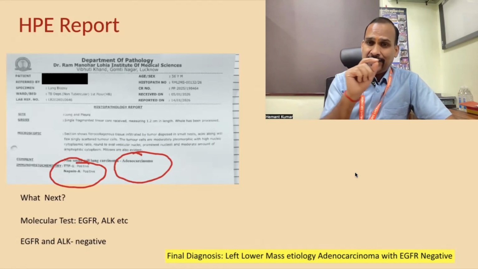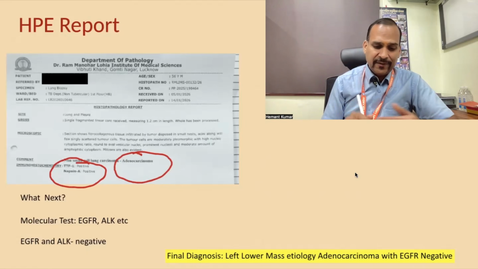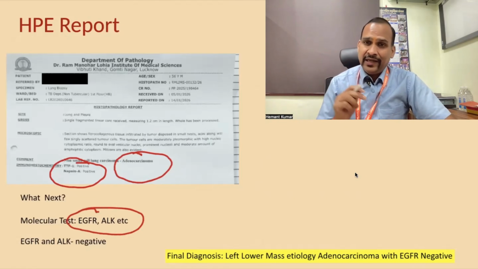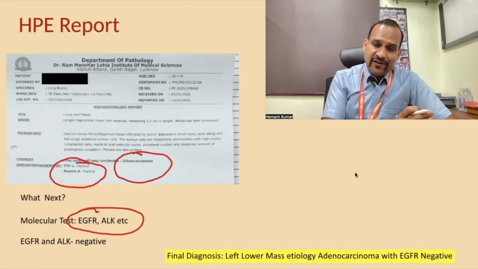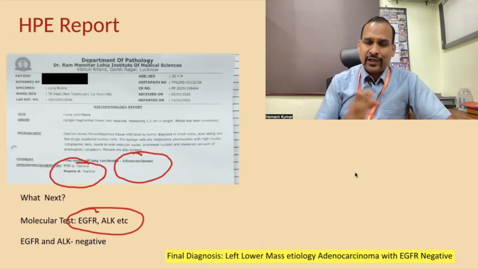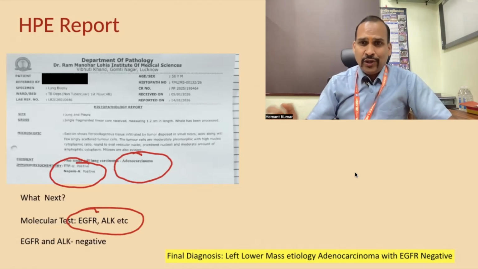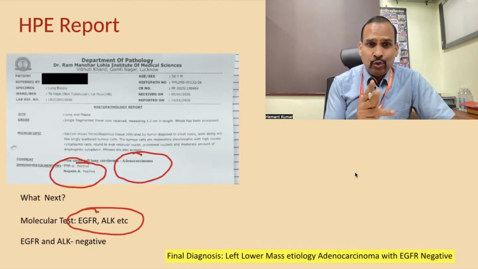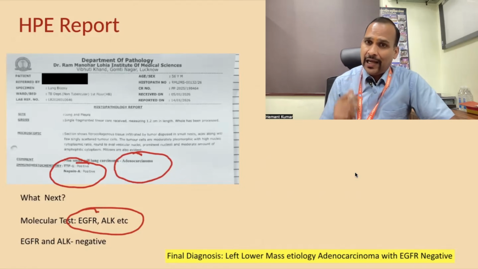You have to send molecular tests, at least for EGFR and ALK. In India, drugs for EGFR like gefitinib, erlotinib, osimertinib are available, and for ALK like crizotinib is available. So at least send these two molecular tests, EGFR and ALK.